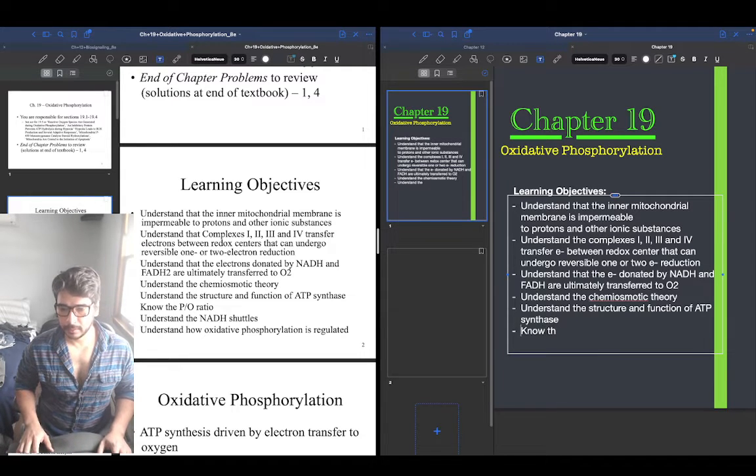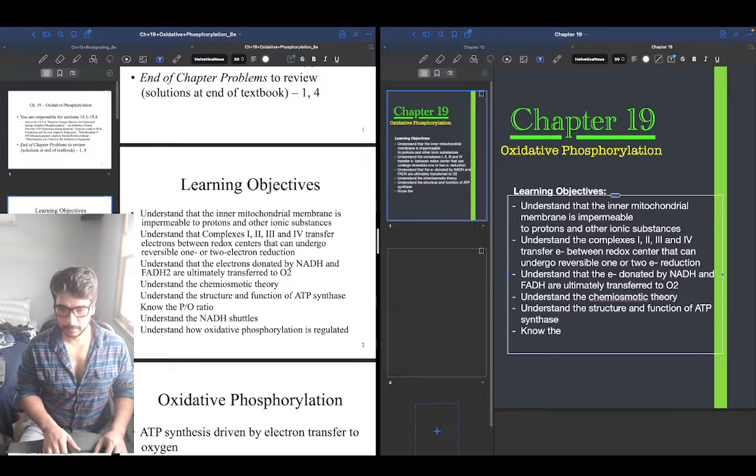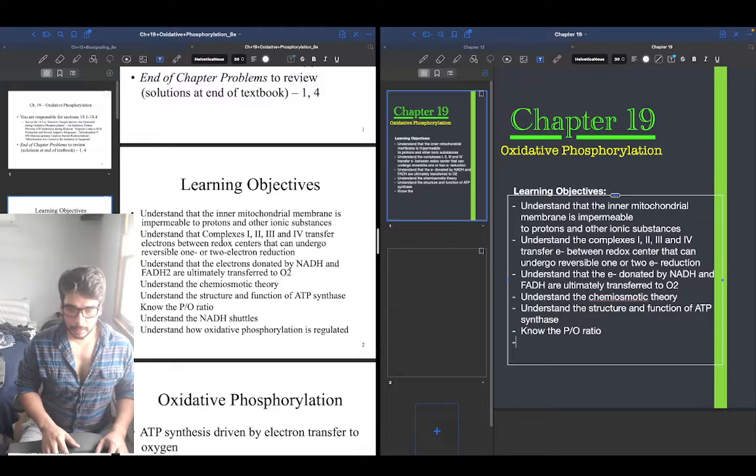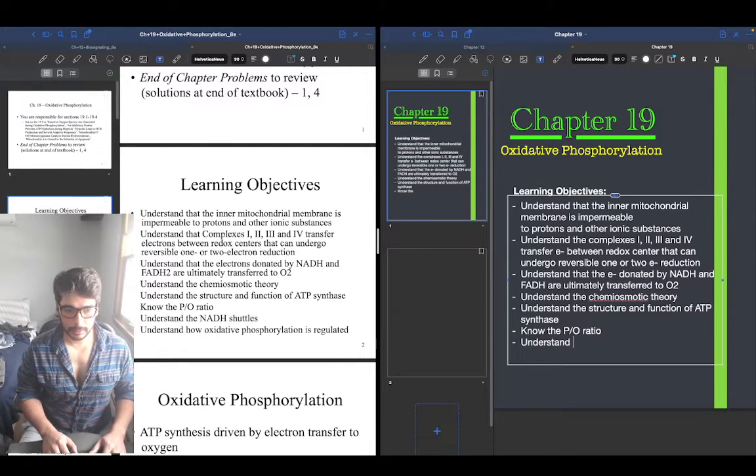Let's correct that. Know the P/O ratio. Understand the NADH shuttles.